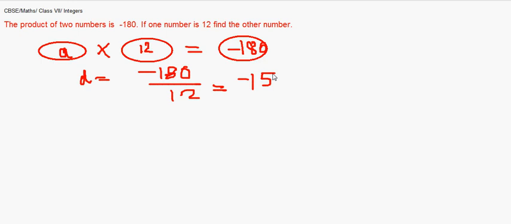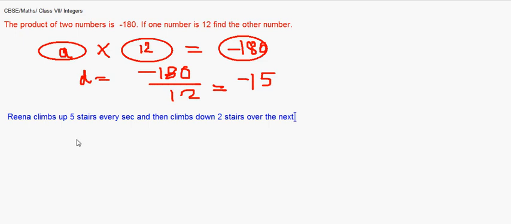We now see another application in a word problem. Let me just write it down first. It says Reena climbs up 5 stairs every second, and then climbs down 2 stairs over the next second.